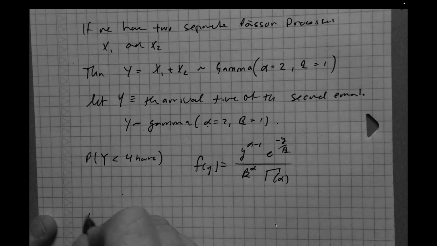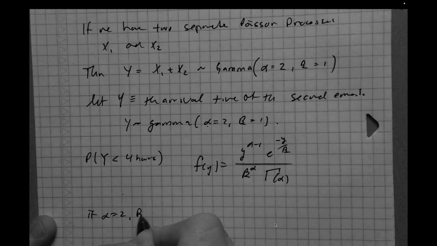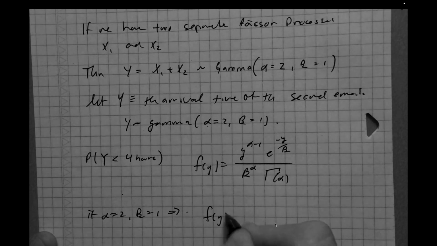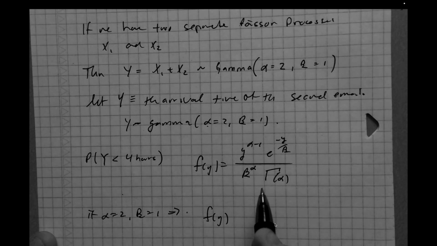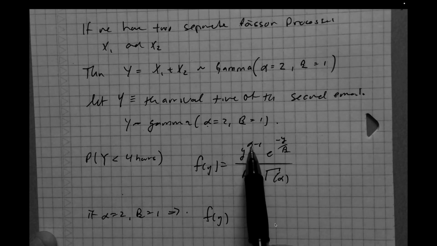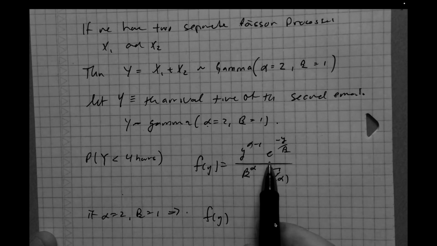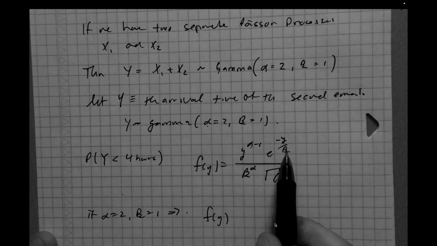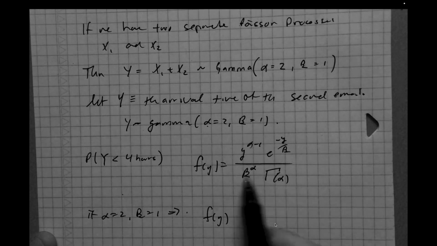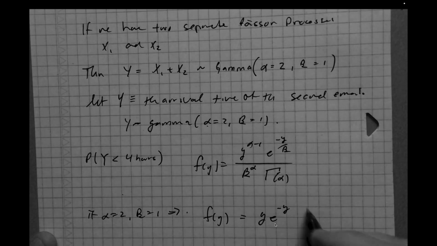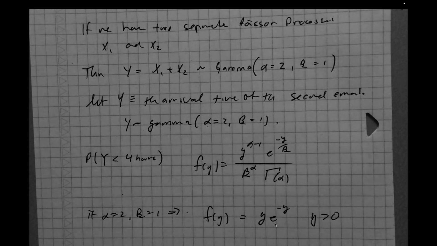If alpha equals 2 and beta equals 1, we get something much simpler. We keep the y, and we also get e to the negative y over 1. These guys down here are both 1. So we end up with just y e to the negative y, valid for y greater than 0.